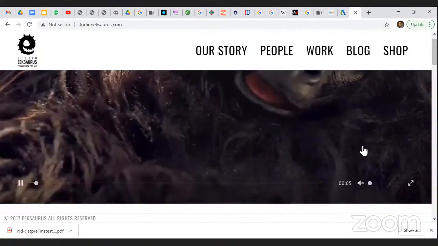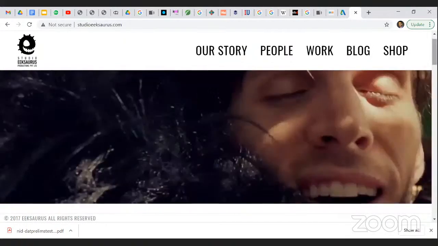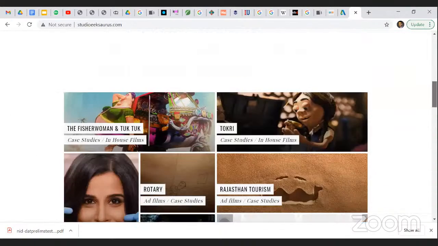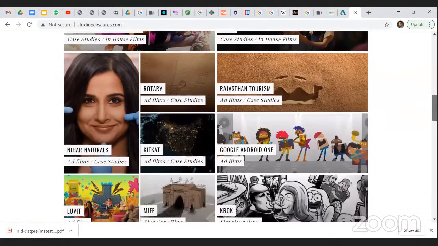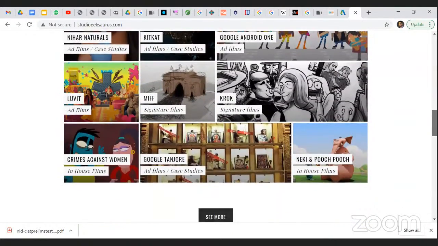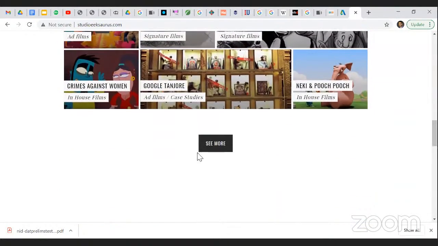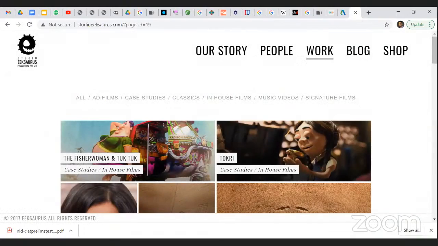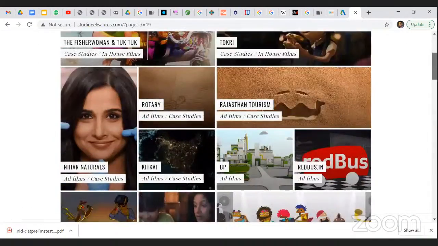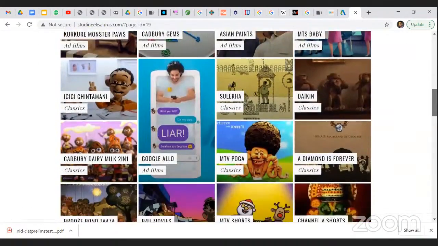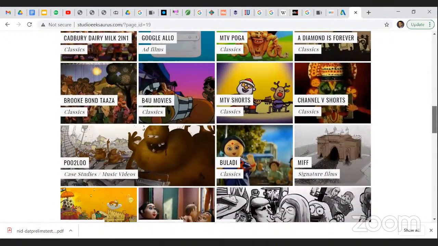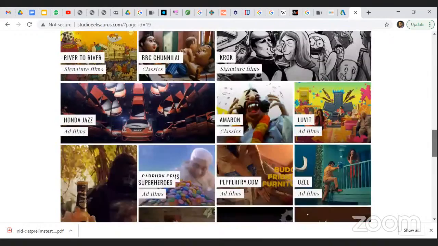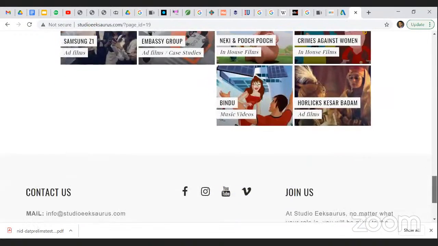And they do some fantastic, amazing work. Right, so look at their work, look at the people who are involved in that. Follow them on Instagram or YouTube or LinkedIn, because that is how you can get to know the latest information of what they are doing, what kind of work they are doing.